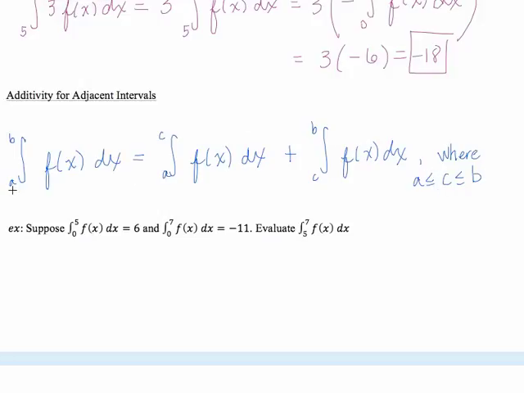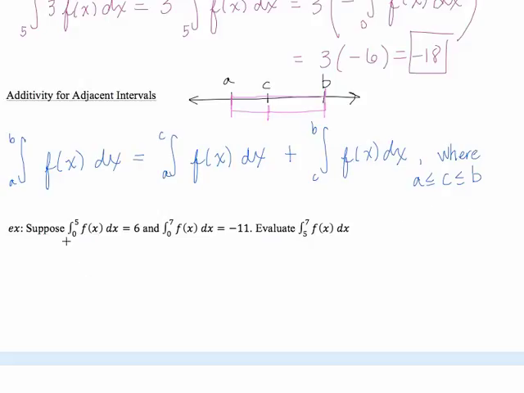So the integral from a to b of f of x can be split into the integral from a to c plus the integral from c to b. And this is kind of easier to imagine on a little x-axis here where we have a, c is somewhere in between, and there's b. So the integral from a all the way to b is equal to the integral from a to c, so that part, plus the integral from c to b, so plus that part.